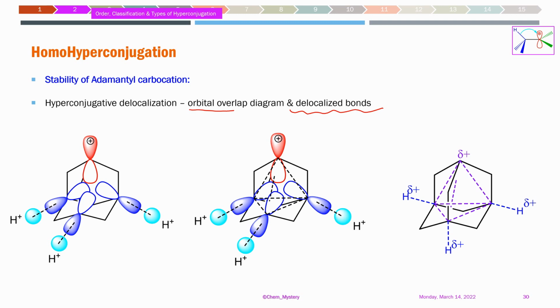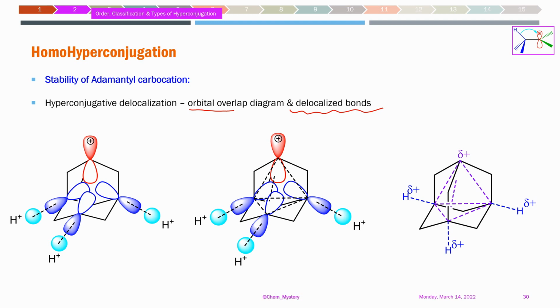Here quite a lot of stability comes in, compared to normal bridgehead carbocations. The homohyperconjugation, or the beta hyperconjugation, we can say, is the stabilizing factor for this adamantyl carbocation.